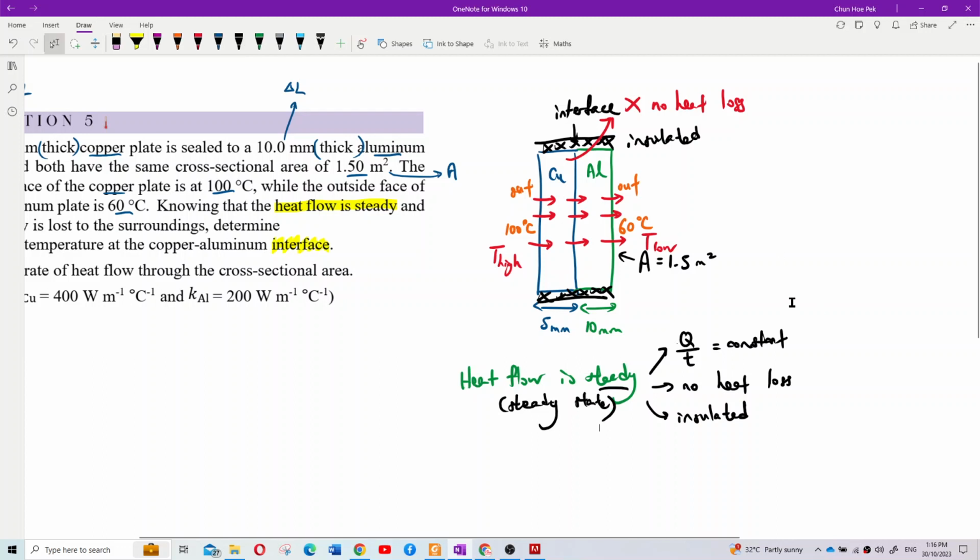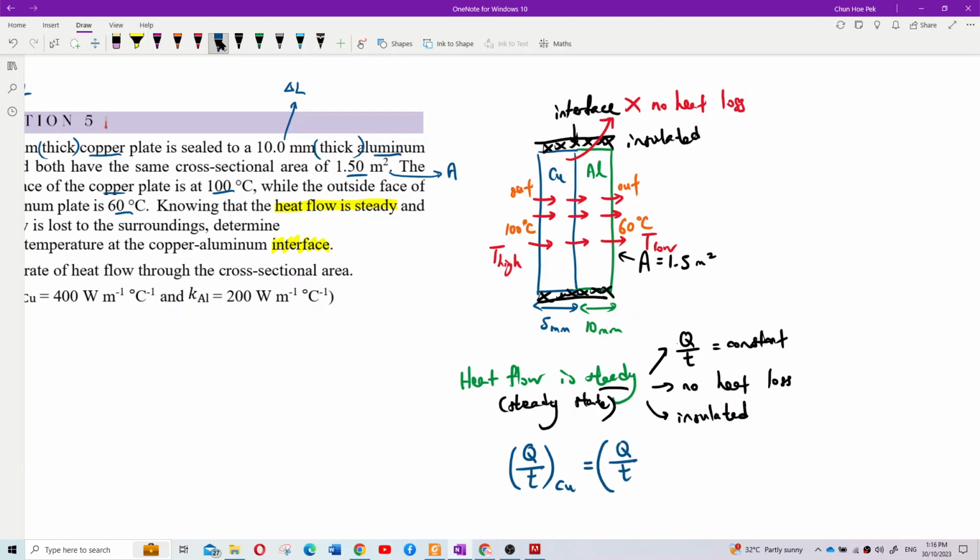So it also means that the heat flow at copper is the same as the heat flow at aluminium. We can write that the rate of heat flow at copper equals the rate of heat flow at aluminium.